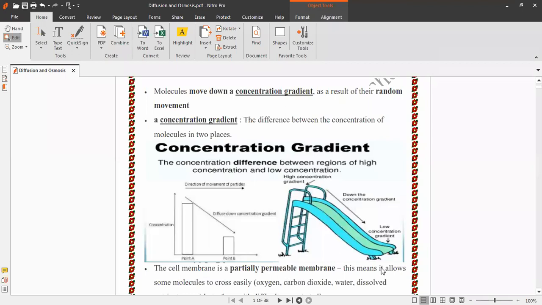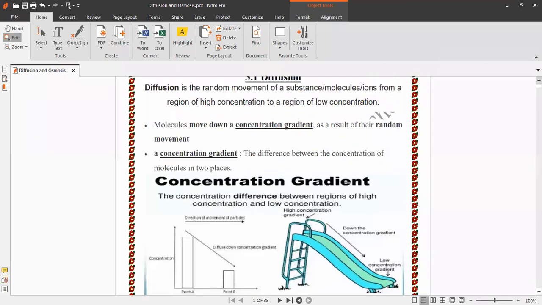Like when you go down, you move quickly, and when you go up, you move slowly. This is the same as diffusion.